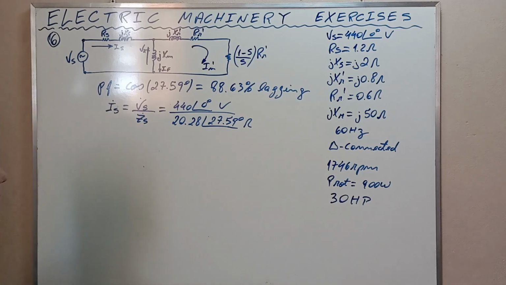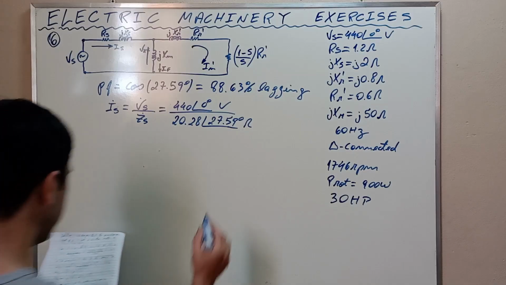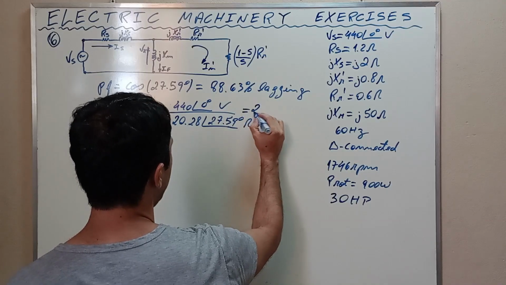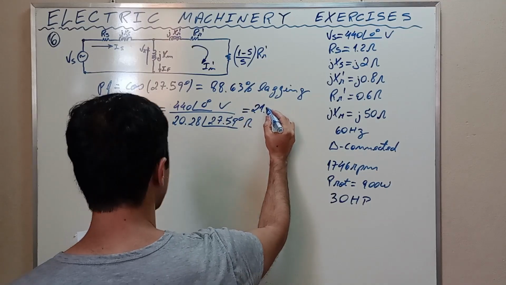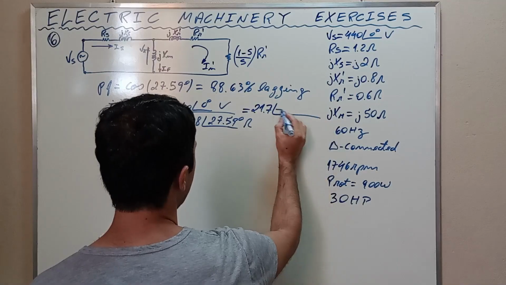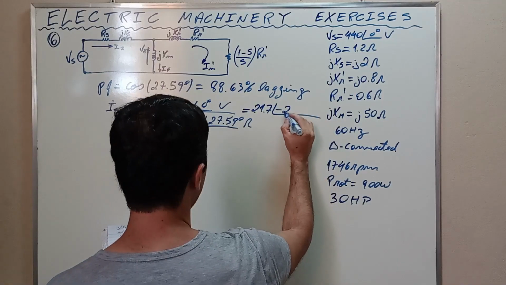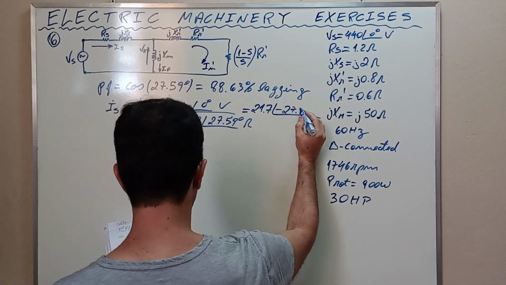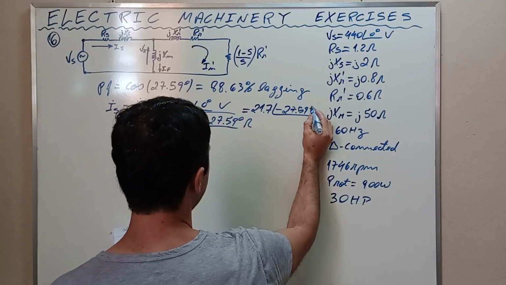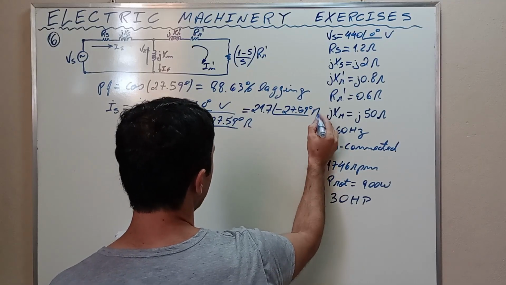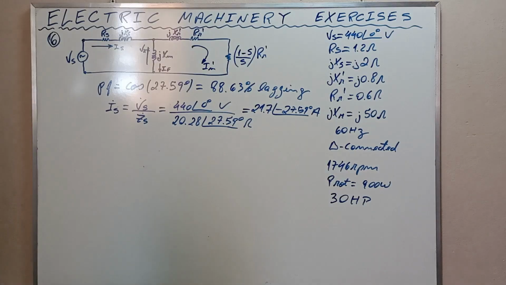With this we find the value of the phase current, which is equal to 21.7 in the phase negative 27.59 degrees amps. This is the value of the phase current.